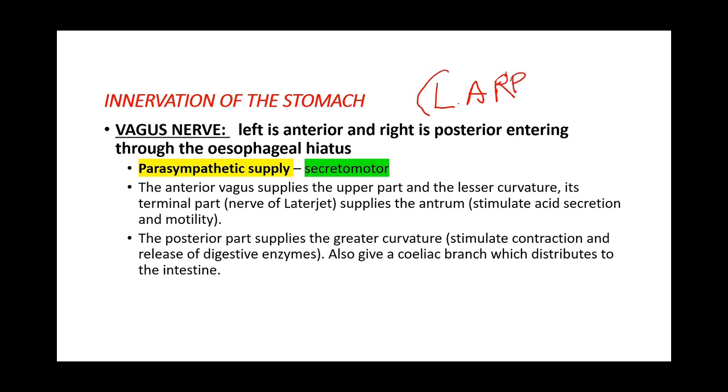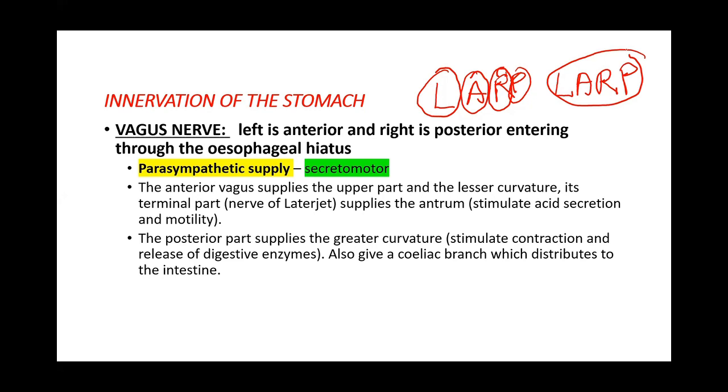And you should know the left vagus is the anterior and the right vagus is the posterior. So you use this mnemonic to recall: LAP. Left vagus is anterior and right vagus is posterior, entering through the esophageal hiatus.